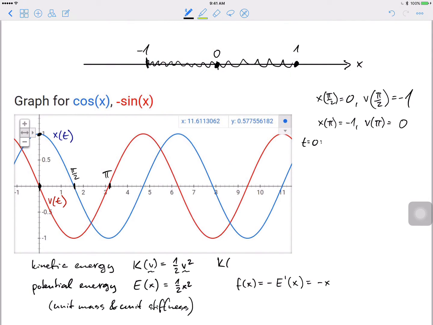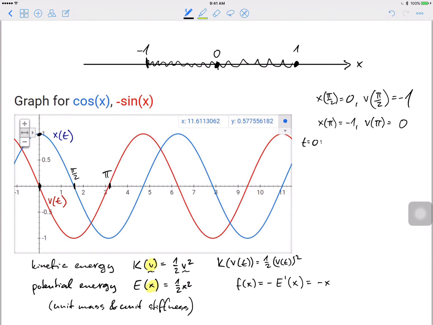So I could also write it as K(v(t)) equals 1/2 v(t) squared. Since the velocity and position depend on time, so will the kinetic and potential energies. And notice one important thing that will be very important in the following: the kinetic energy depends only on the velocity, and the potential energy depends only on the position.